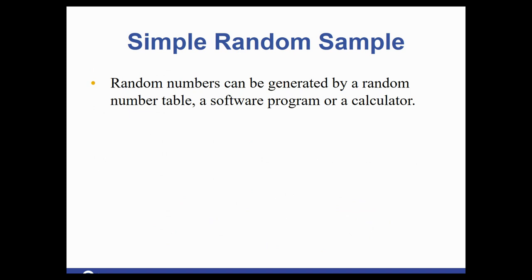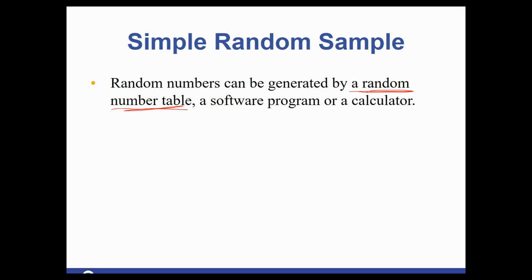Random numbers can be generated by a random number table, a software program, or a calculator. So you're going to have a couple problems that mention using a random number table. Right here, random number table. I will link it in our Canvas, and it will be linked on the problem that you would use it on. But it is a table out of the back of our textbook that has random numbers already listed on it.